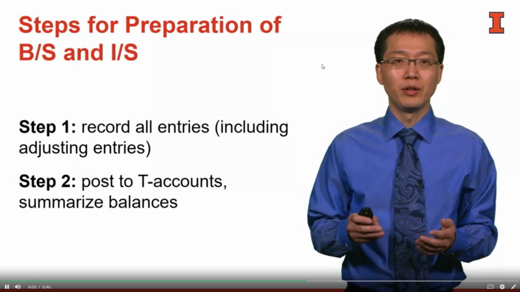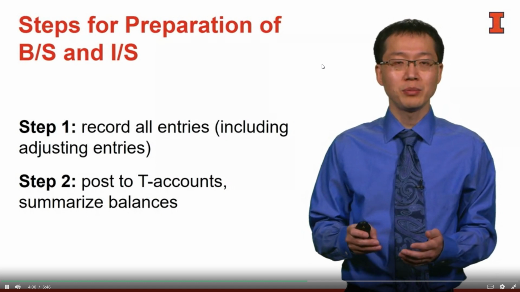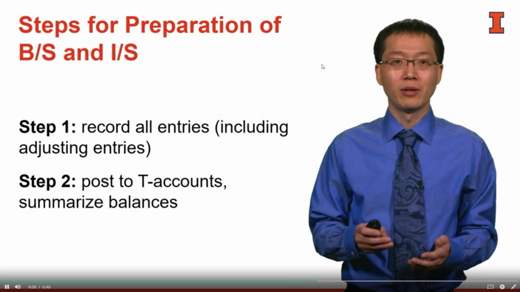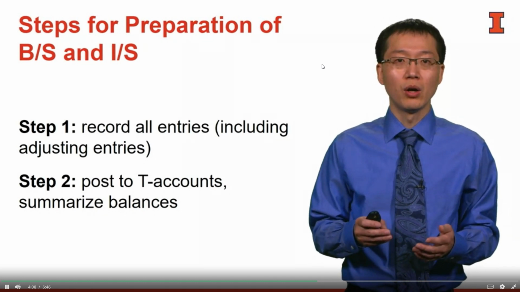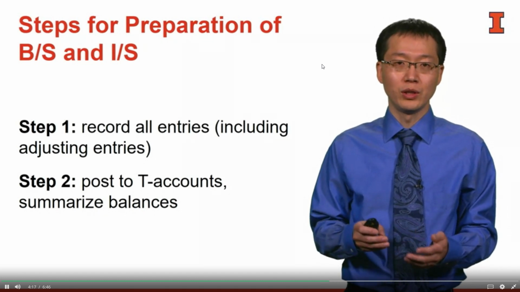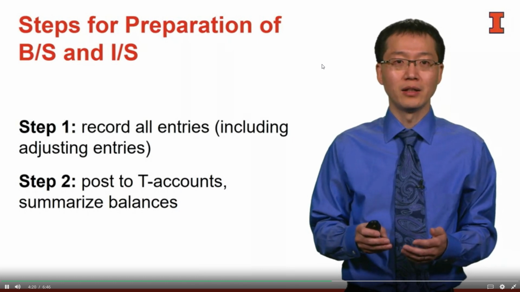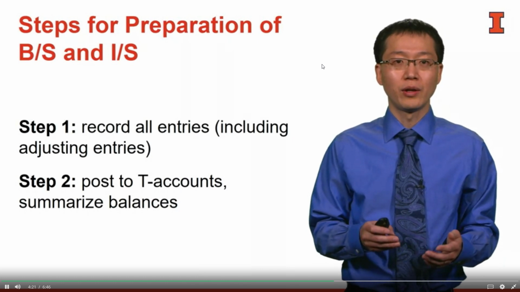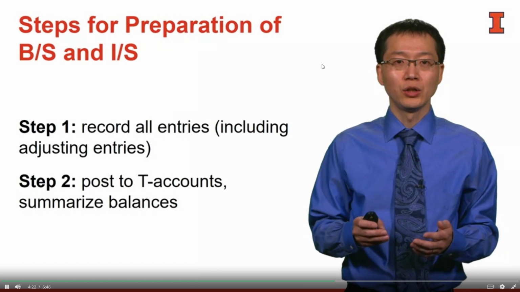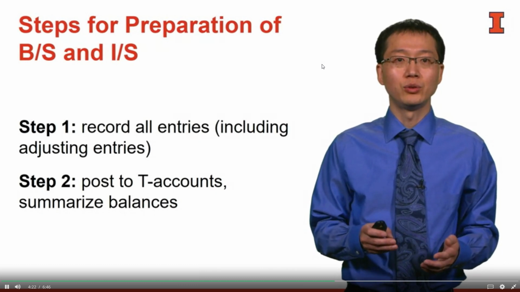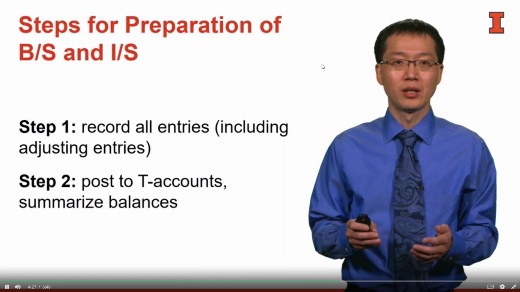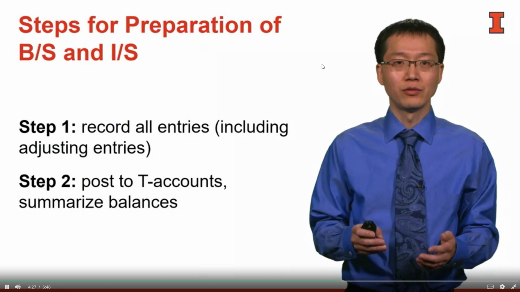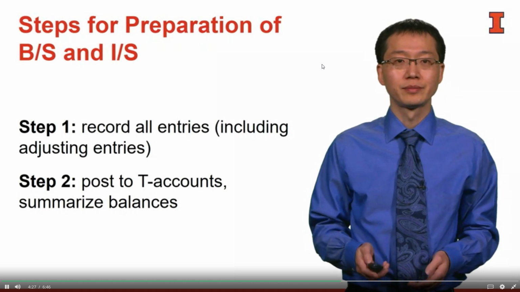Now, let me briefly go over the steps for preparing financial statements. First, you need to record all the journal entries, which you should have done in the first 2 weeks. Following that, you need to post journal entries to individual T accounts and summarize the balances of these T accounts for each year.